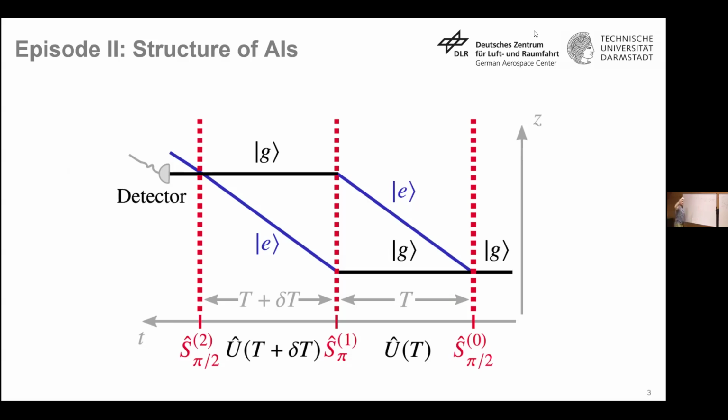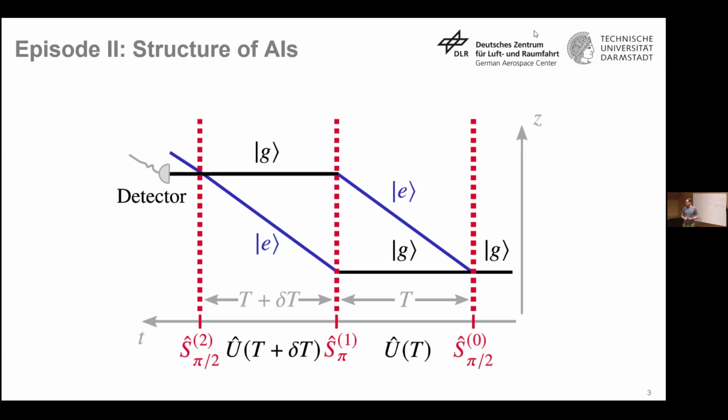Whereas the propagation along the lower arm is U2, e to the i phi 2, also a global phase, and it is exactly the other way around: external p plus h bar k, so increased kinetic energy, and then U external of p.